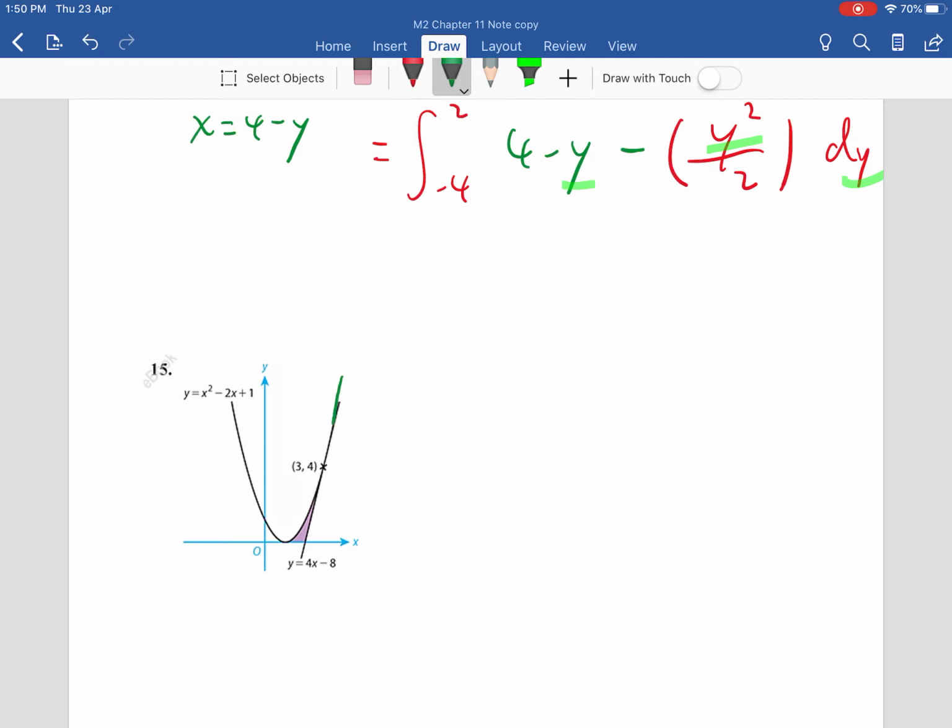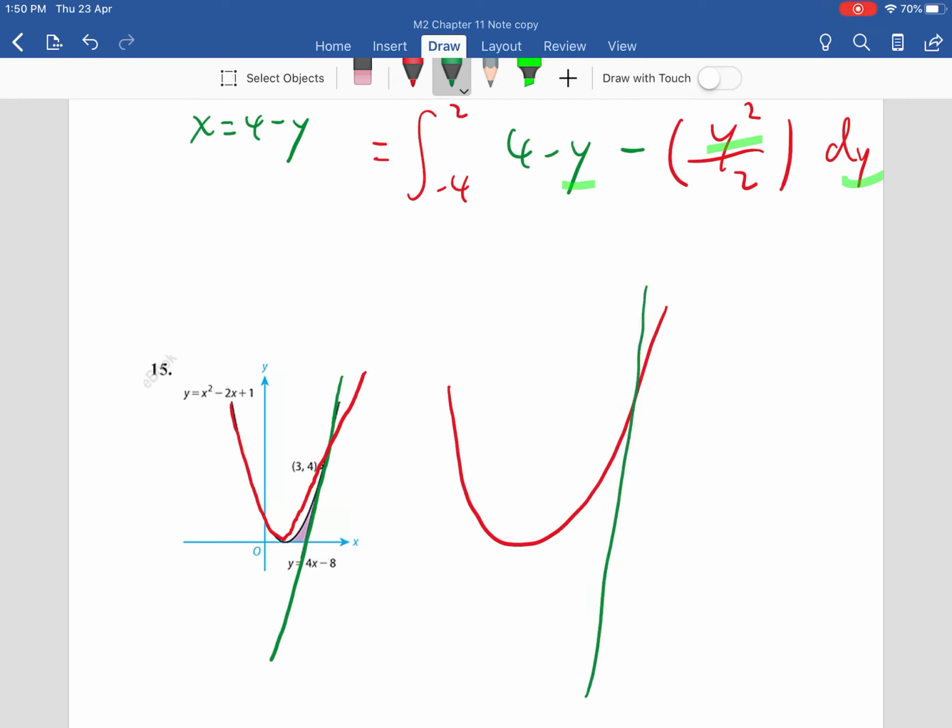the green straight line and the red curve, I draw here, but there is also one excess part, so I'm going to cut it horizontally, is it right?